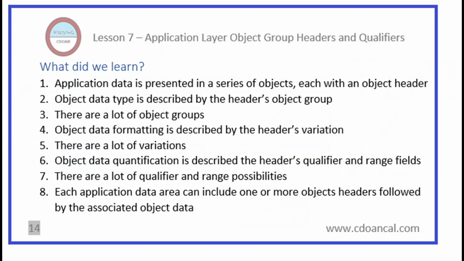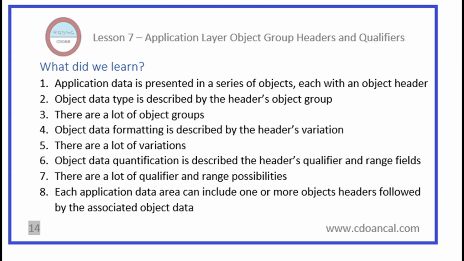Well, that was a long lesson. What did we learn? 1. Application data is presented in a series of objects, each with an object header. 2. Object data type is described by the header's object group. 3. There are a lot of object groups. 4. Object data formatting is described by the header's variation. 5.